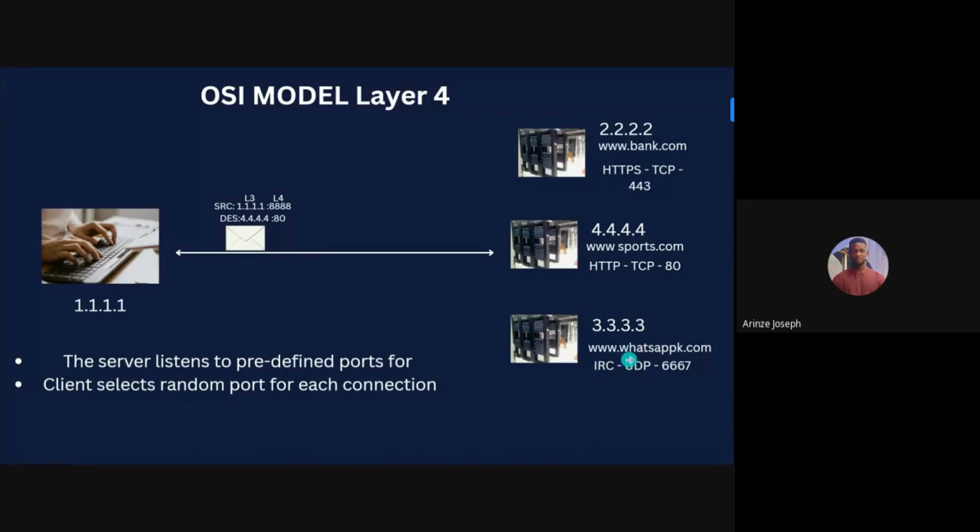Then there is WhatsApp, which is used for exchanging messages, an instant messaging app. Forget the spelling. What they use is port 6667. So the server is there listening, waiting for you to demand a connection.